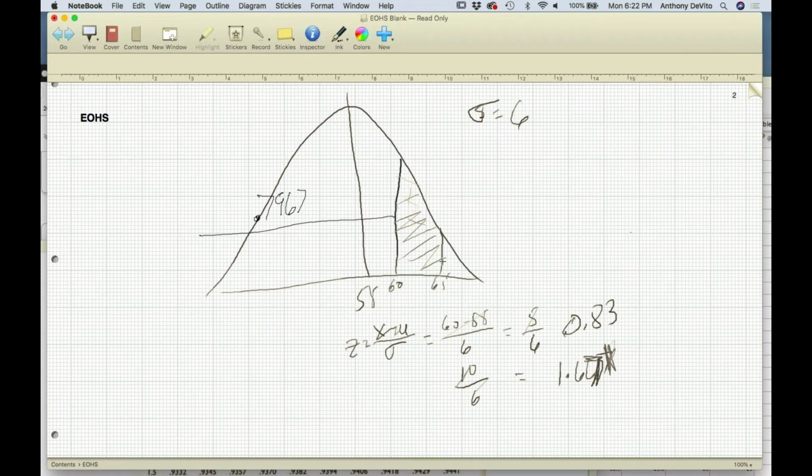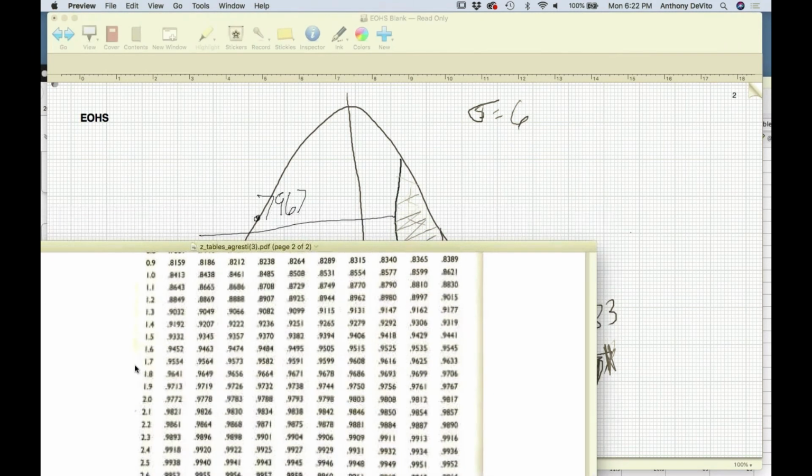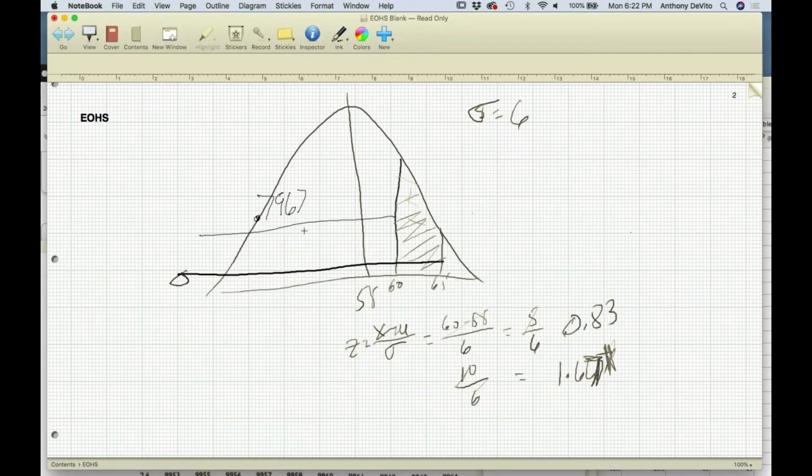Now we're going to find the area from here down, which is 1.67, which is 0.9525. Okay, so 0.9525 minus 0.7967. I wish I had written that in a way I could read it.